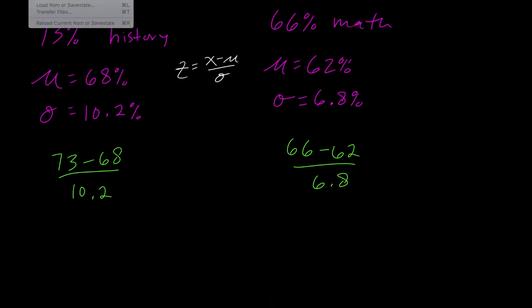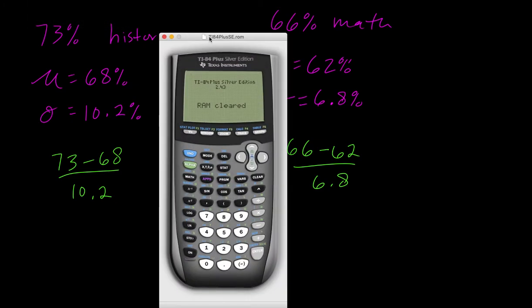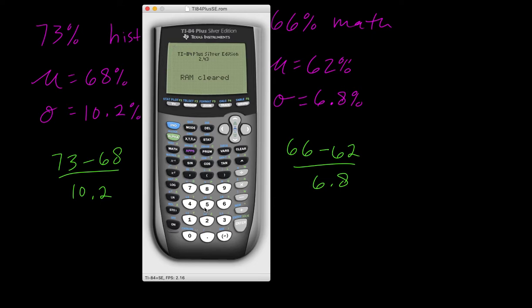All right, open up our calculator. I just need to do 73 minus 68, divide that by 10.2. We get 0.49.